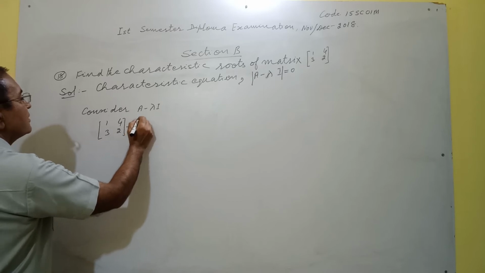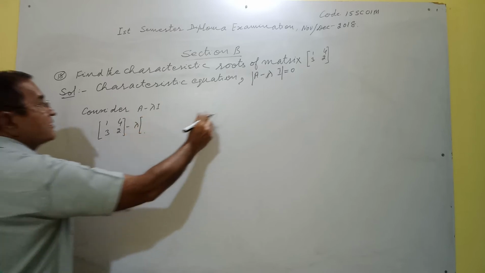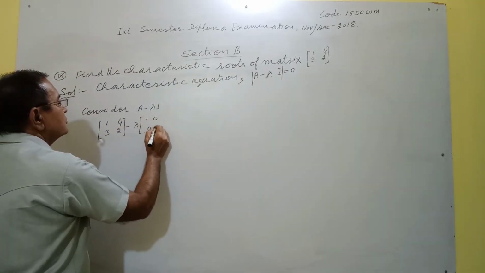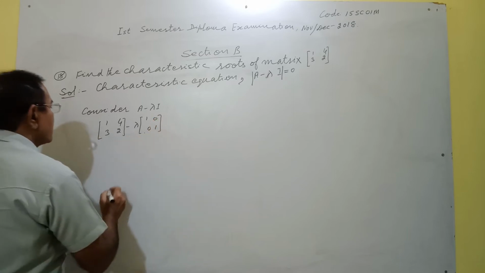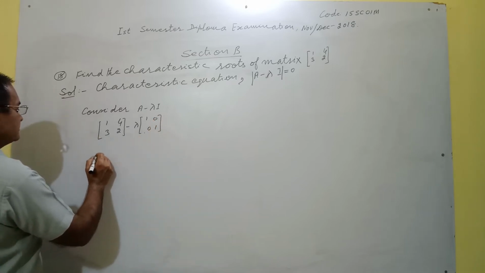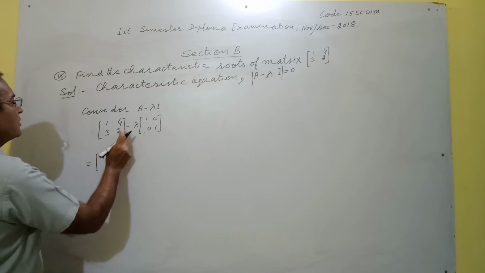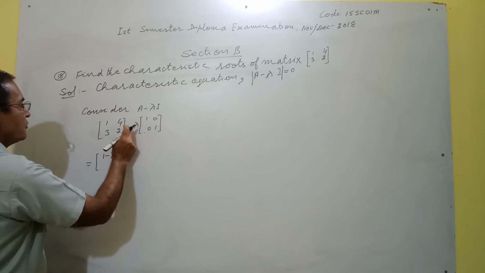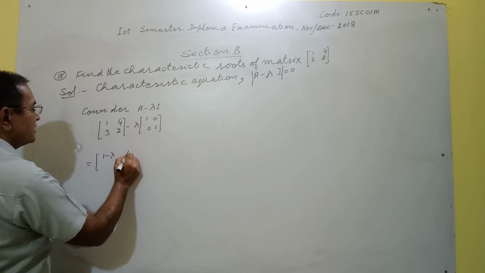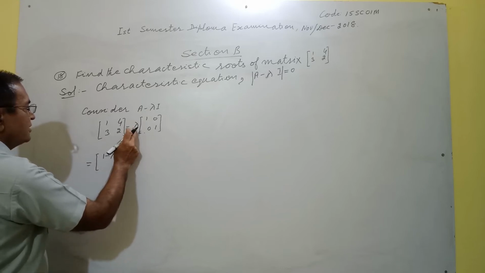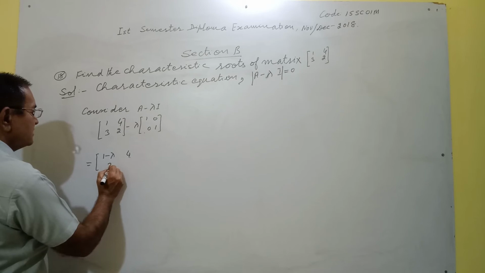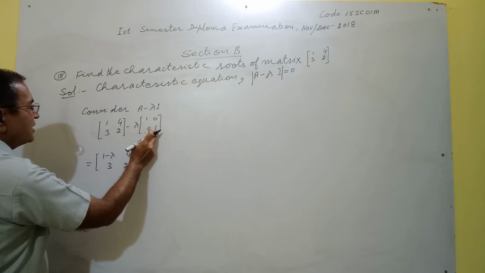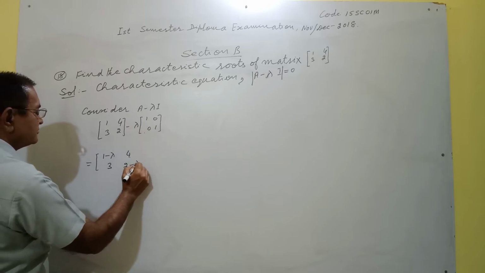Minus lambda I. As the given matrix is 2 by 2, your I is identity matrix of 2 by 2. It can be written as 1 minus lambda, 4 multiplied by 0 is 4, 3 multiplied by 0 times lambda is 3, then it is 2 minus lambda multiplied by 1, that is minus lambda.